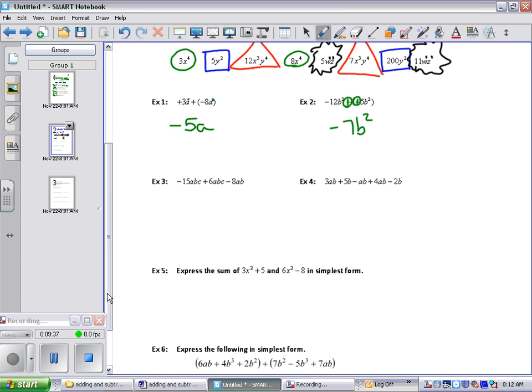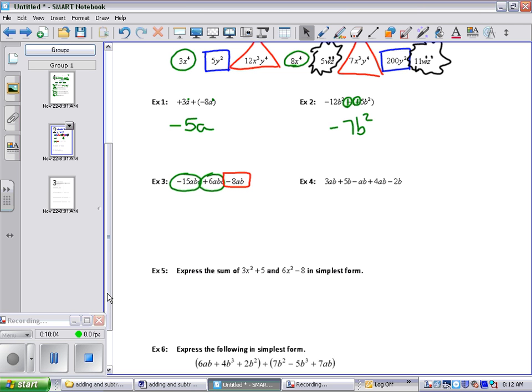Example 3. Okay, what can I put together? Where are my like terms? Be careful. Take a look at this. Do you see that we've got a negative 15abc, and that goes with my positive 6abc. But my 8 only has an a and a b. It doesn't have a c, so I can't put that together. That's different.